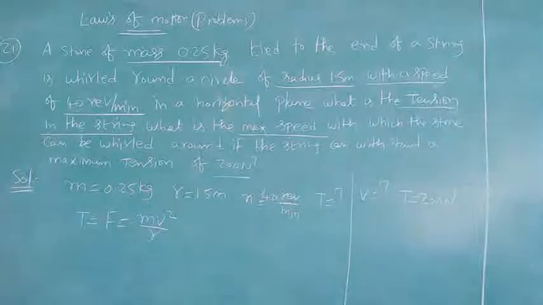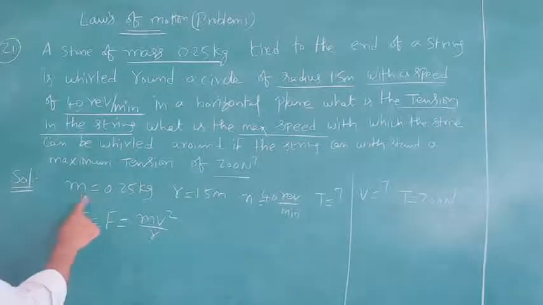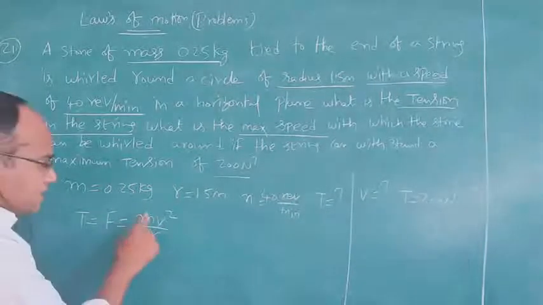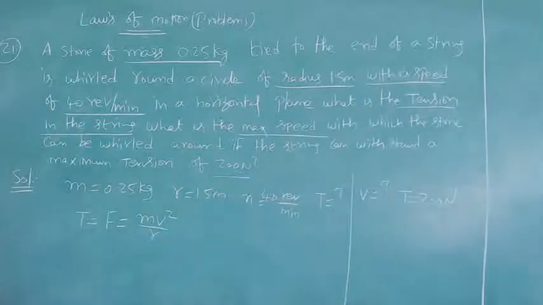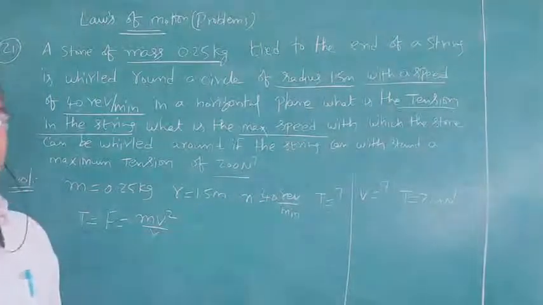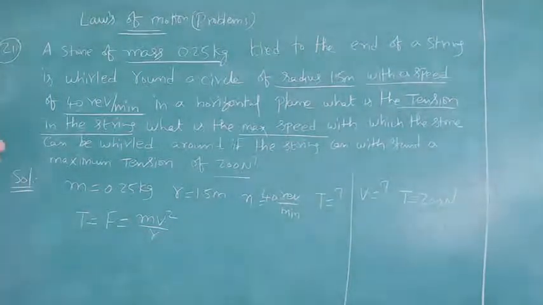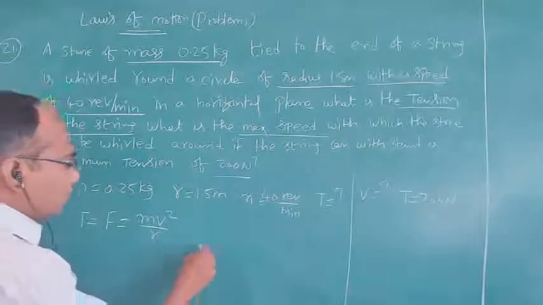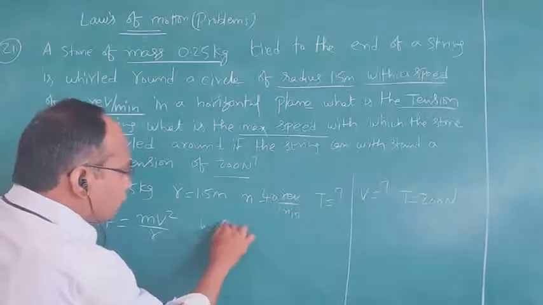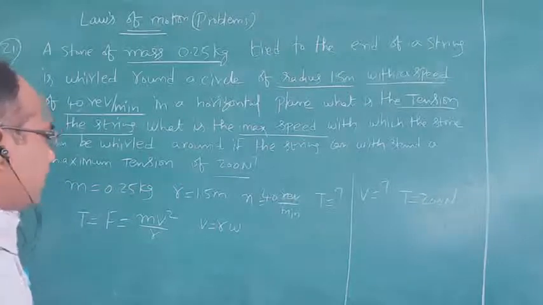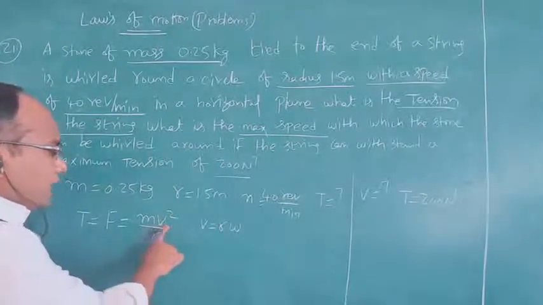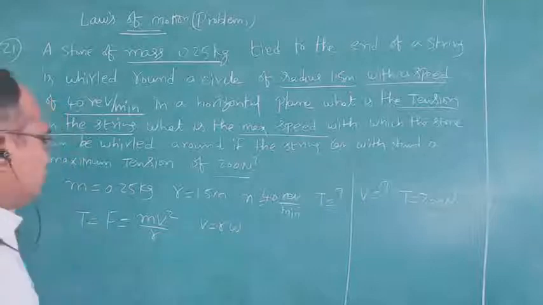Here mass is there, radius is there, but v is not there; n, the number of revolutions, is there. So what formula should we write? v is equal to r omega. So in place of v, I should write r omega.